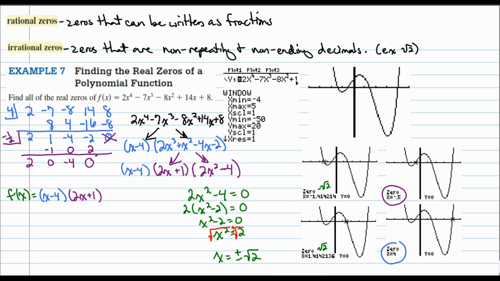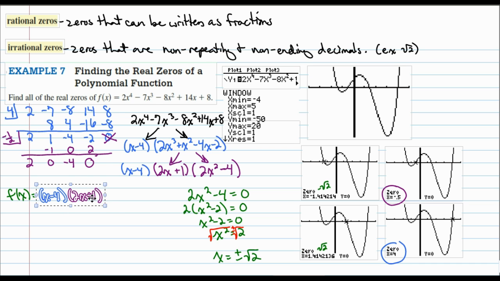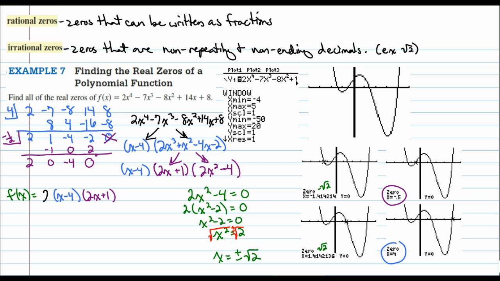Actually, I should probably move that out in front. Then at the end, I've got x minus square root 2 because k could be positive square root 2, and then x plus square root 2 because k could be negative square root 2.